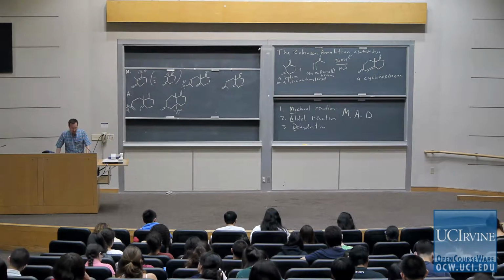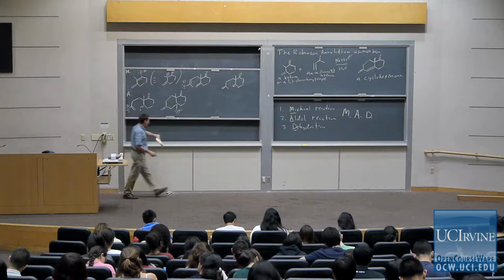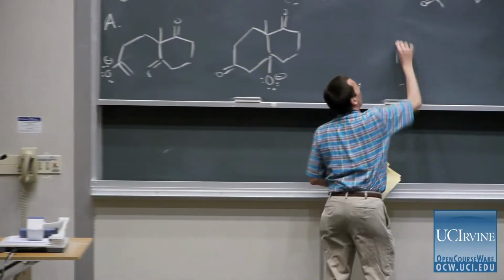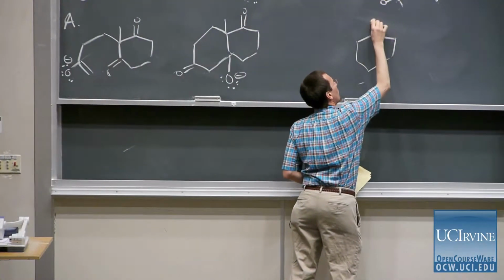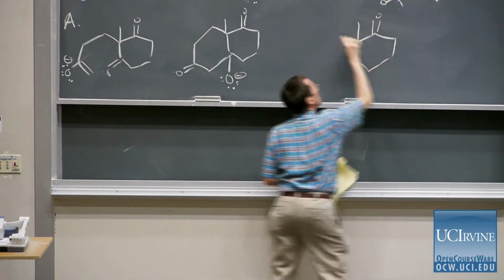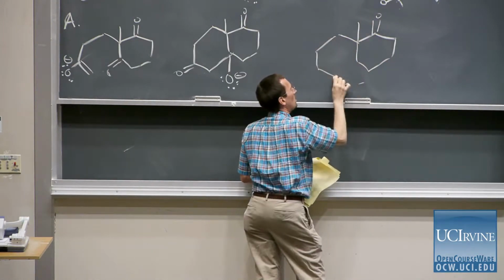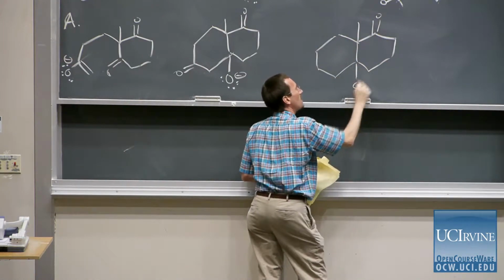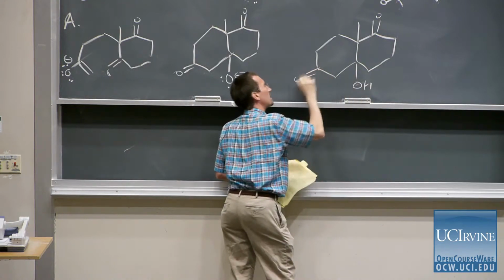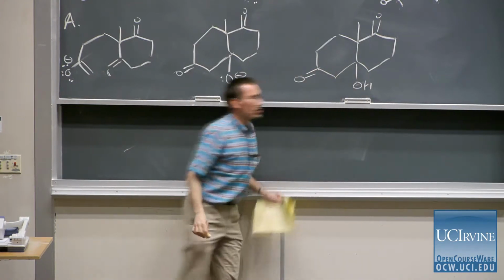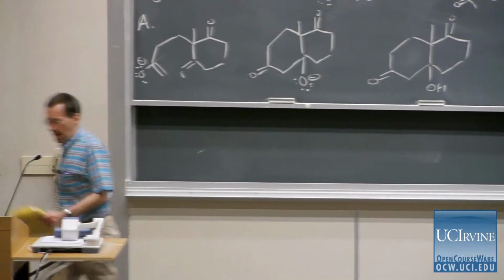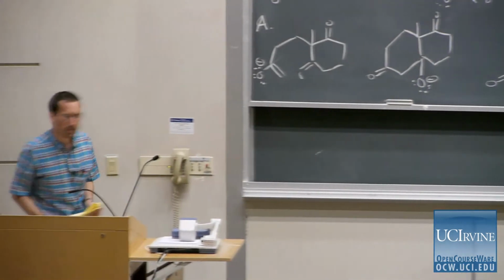In aqueous solvent, protons go on, protons come off. And so the last step, we have lots of protons, whether we're in water or we're in alcohol as our solvent. The last step is protonation, and thus our aldol reaction has proceeded.